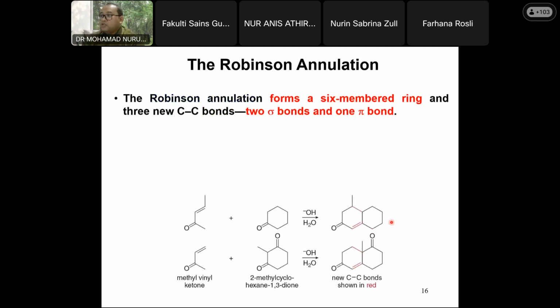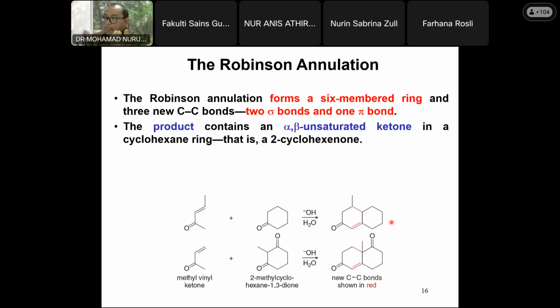Okay, so the Robinson annulation forms a 6-member ring, 6-member ring only. And there are 3 new CC bonds, as I said before, 2 sigma bonds, 1 pi bond. And the product contains an alpha beta unsaturated ketone. For example, we have an example here.